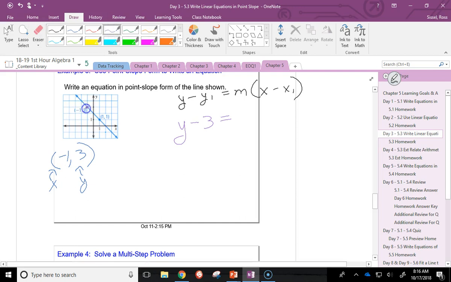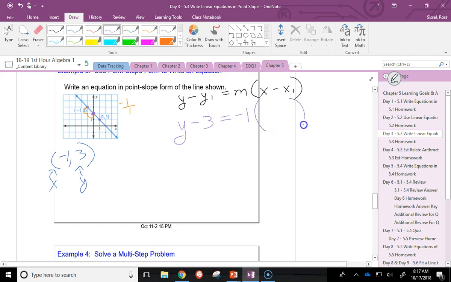I do see it cross well here. So I can just go down 1, over 1. So we went negative 1 and positive 1. Remember, rise over run. To go down was negative, to go to the right was positive 1. So our slope is negative 1.